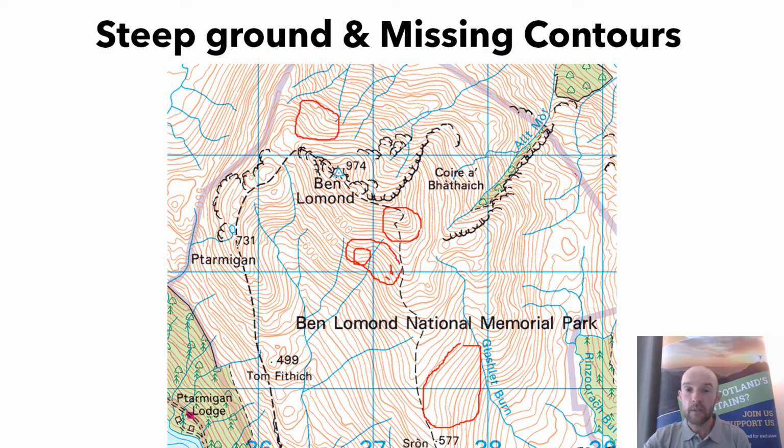Spend that little bit of extra time looking at the map and seeing where the track or your path or your route might take you through some of that steep ground, and just being mindful that it's there on the mountain. And then you need to think about how to potentially create an alternative journey that's maybe slightly safer if you don't feel comfortable in your own ability to maneuver through that ground.